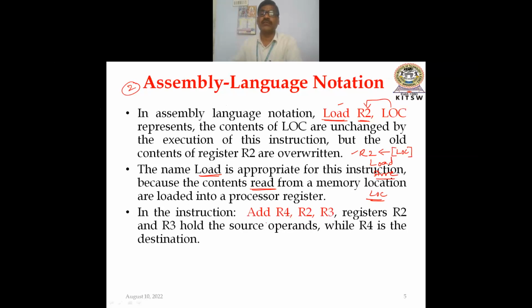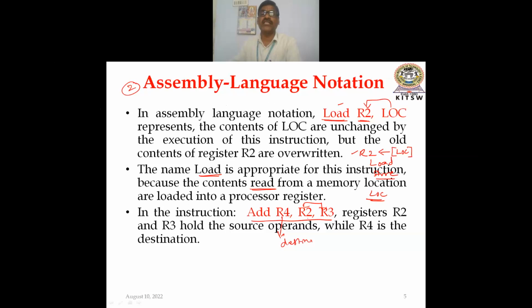Similarly, take another important instruction: Add R4, R2, R3. In this assembly language instruction, the contents of the R2 and R3 registers are added and the result is stored in R4. So R2 and R3 act as source operands and R4 acts as the destination operand.